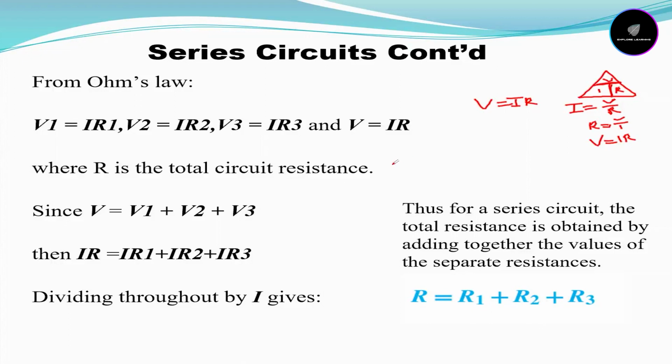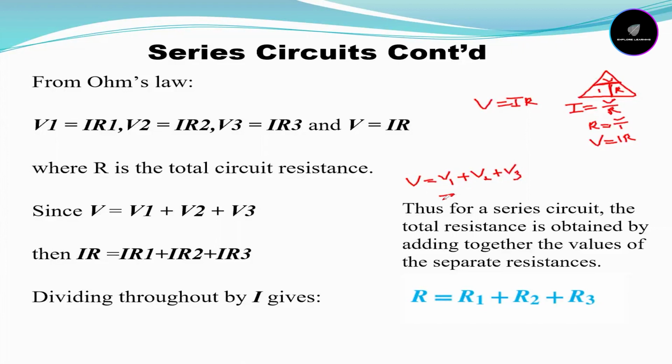Now coming back to the voltage drop across each resistor, since we have V equal to V1 plus V2 plus V3, the summation of these voltage components gives us the resultant voltage, which is V. So in that case, we will represent them using Ohm's law.